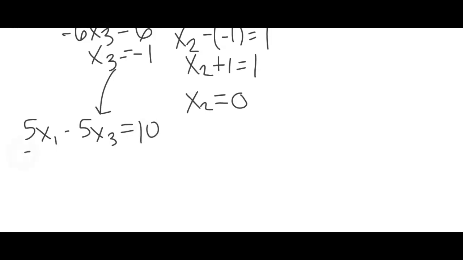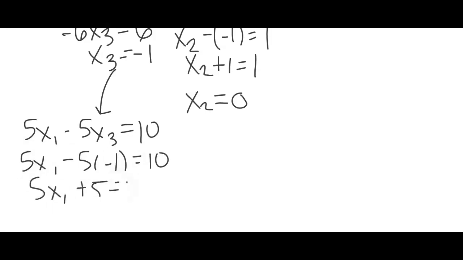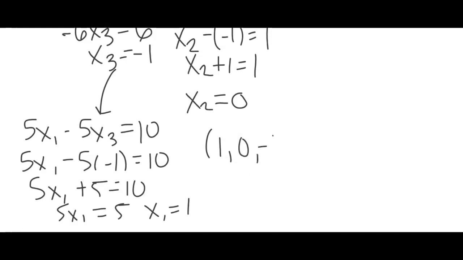I'm going to plug in that. 5x1 plus 5 equals 10. Subtract 5, and I get that x1 is 1. So my solution, I'm going to still write this as an ordered pair, is (1, 0, -1).